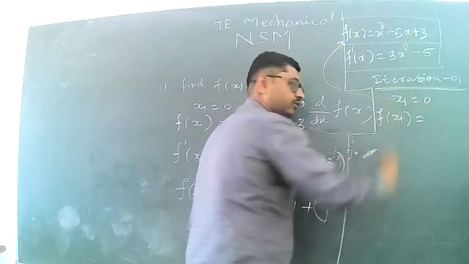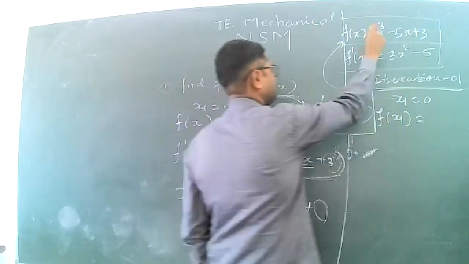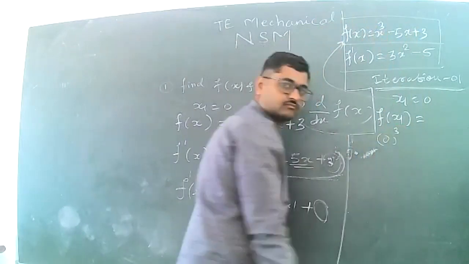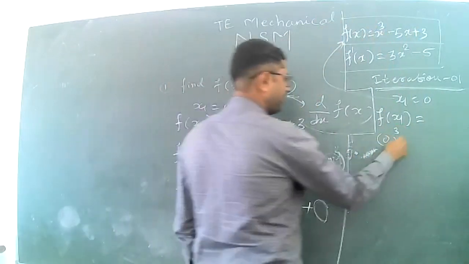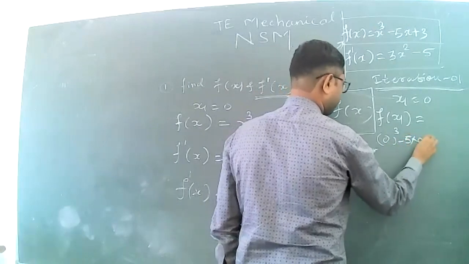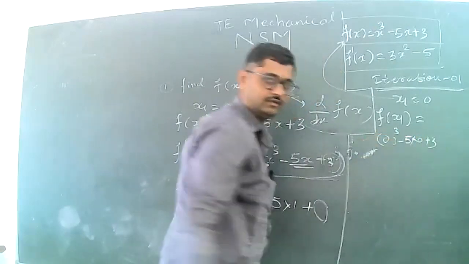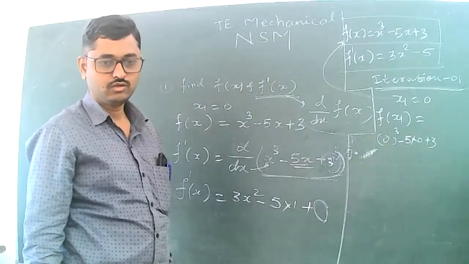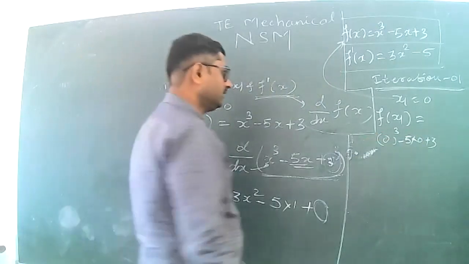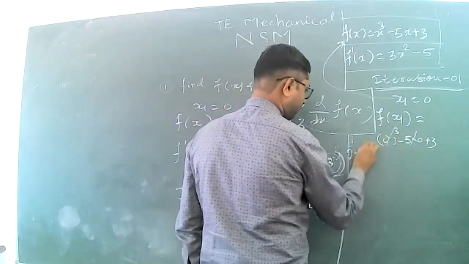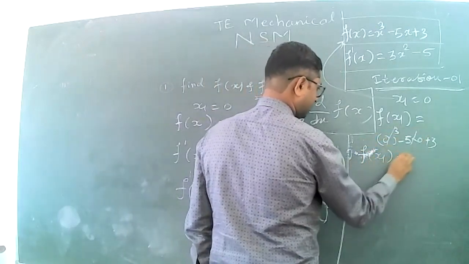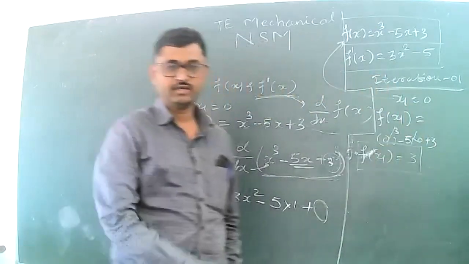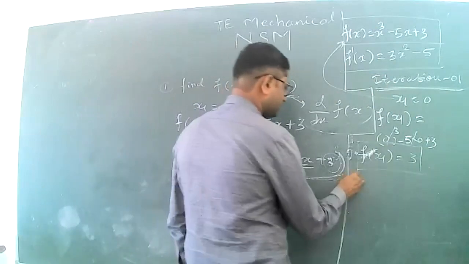Putting x1 equal to 0 gives 0 cube minus 5 into 0 plus 3. So f of x1 is equal to 3.